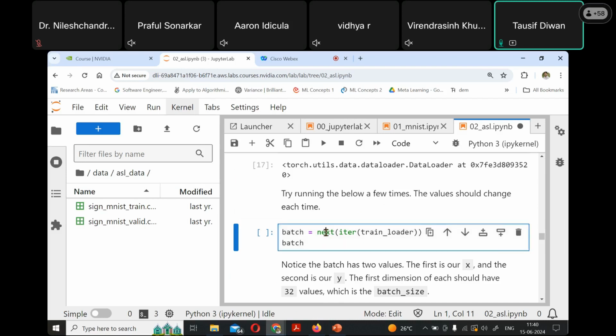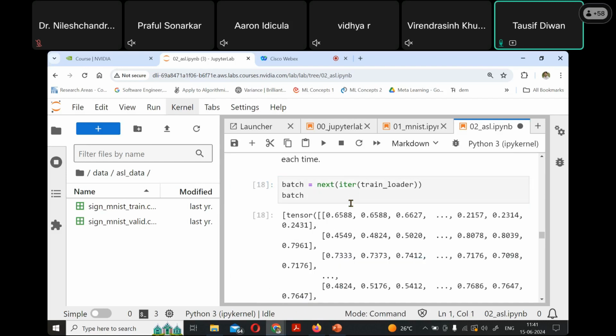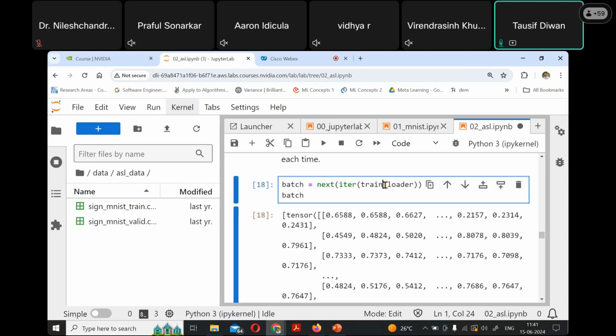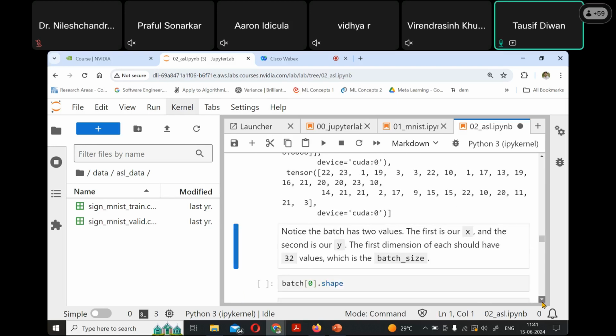So if we run this cell, it will just fetch the first batch. Fine, this is my first batch. If I run this cell once again, then it will fetch the second batch. Fine, if I run this cell once again, then it will fetch the third batch. So this is the task of data loader, loading the batches.